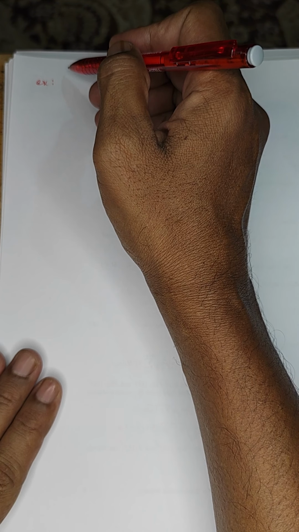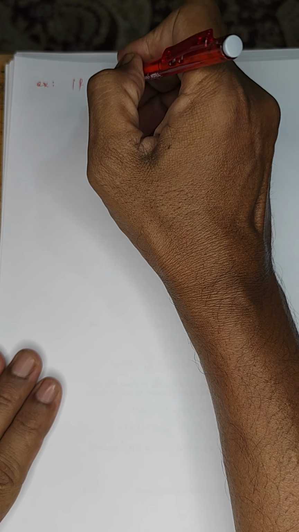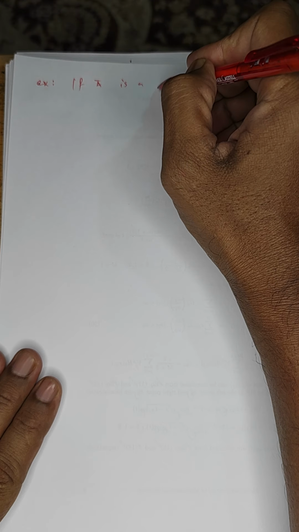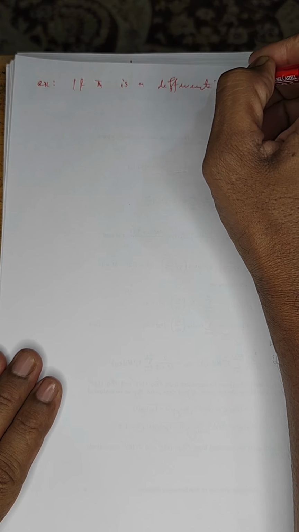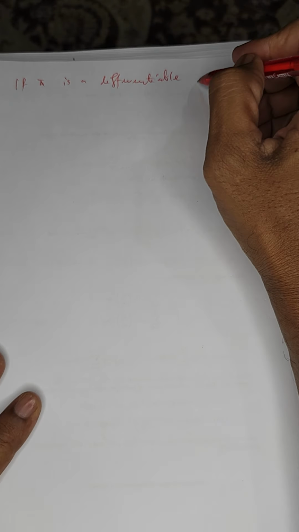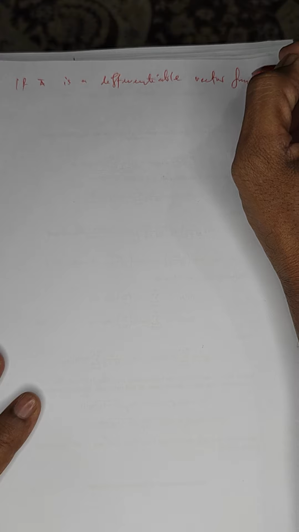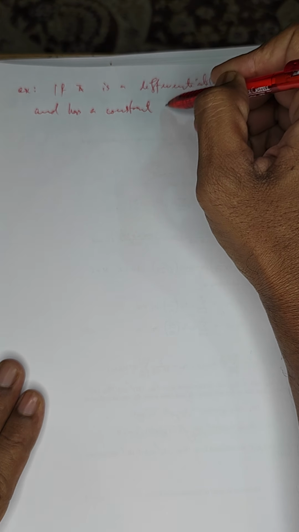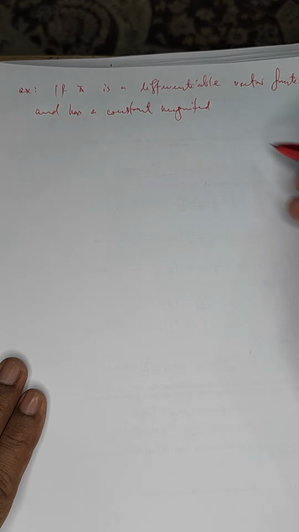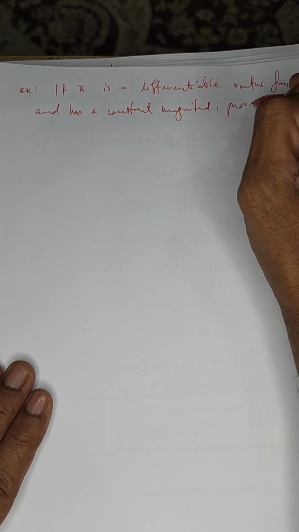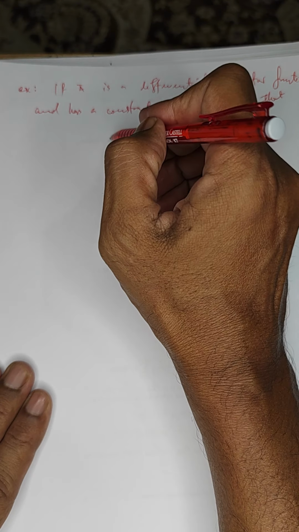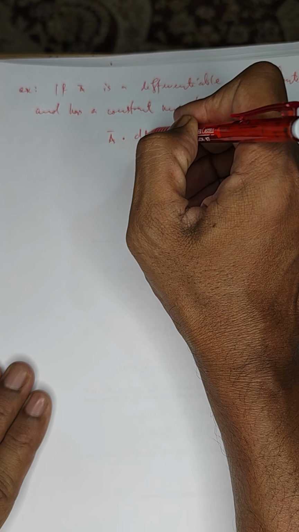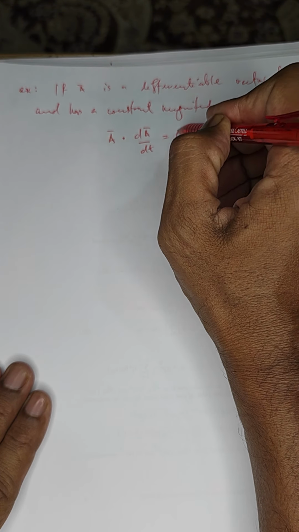If A is a differentiable vector function and has a constant magnitude, prove that A dot dA/dt is 0.